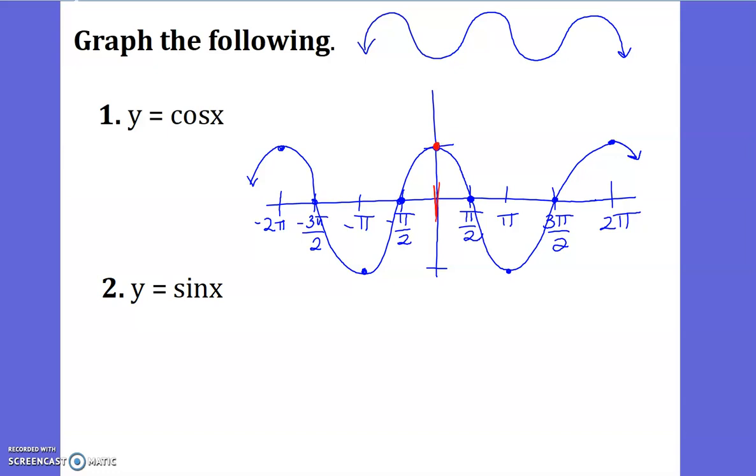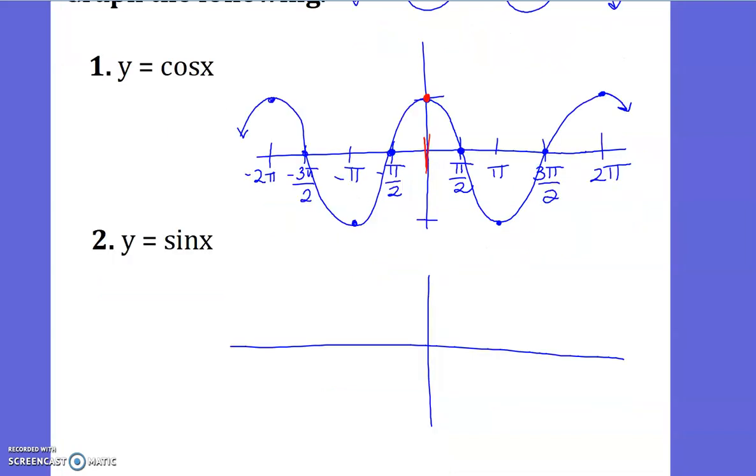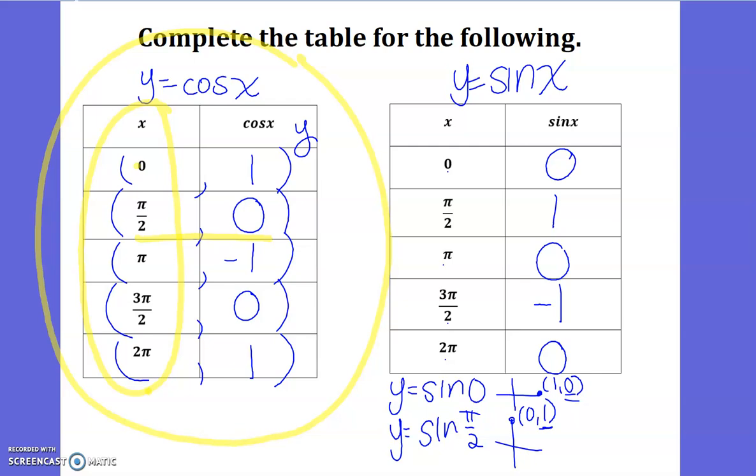Okay, I'm going to do the same thing with the table we made for sine. So we use the same angles: 0, pi over 2, pi, 3 pi over 2, and 2 pi. Now the way sine started, if you go back here, we started at 0, 0.